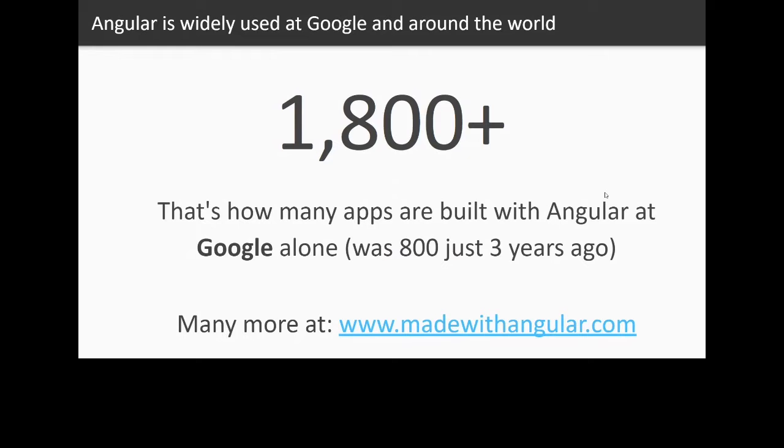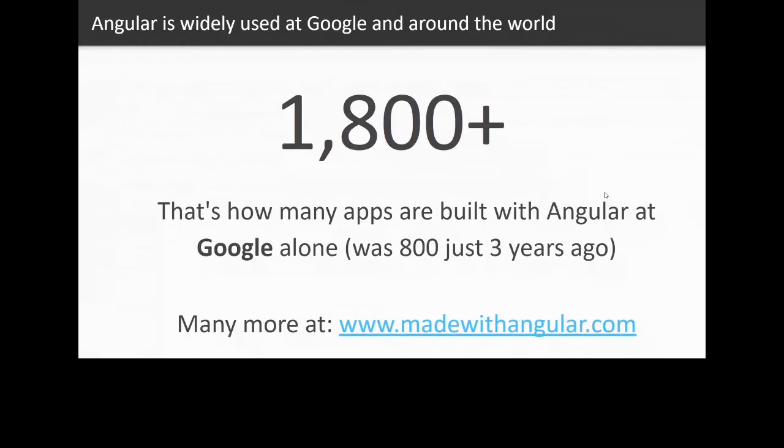Some of these apps that use Angular at Google are huge. There's Google Analytics, some parts of Firebase, Google Tag Manager, and I think Google Checkout is another one of the major public projects at Google that use Angular. And YouTube Studio as well is using it.